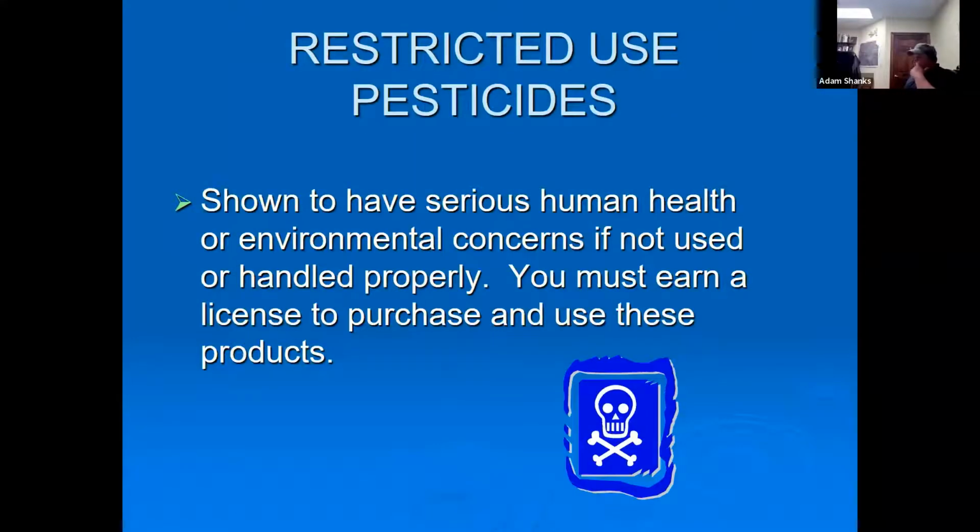Again, here's the restricted use pesticide. So they've shown to have serious harm to human health or the environment if not used or handled properly. And so you must take an exam and have a license to purchase these types of products.